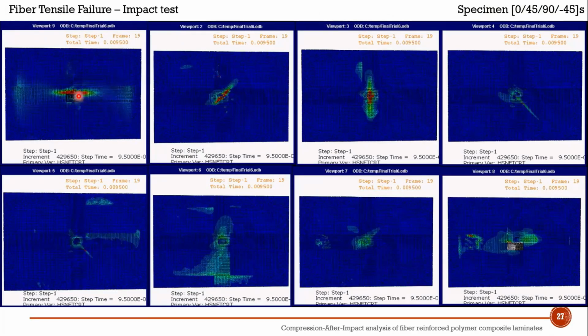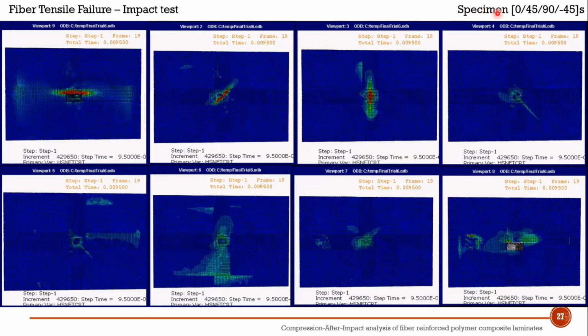When impact is happening, this is the top layer and this is the bottom layer. The impact is happening on this layer at the center, and we see a failure of fibers oriented at 0 degrees. Our model is capturing that information very accurately.